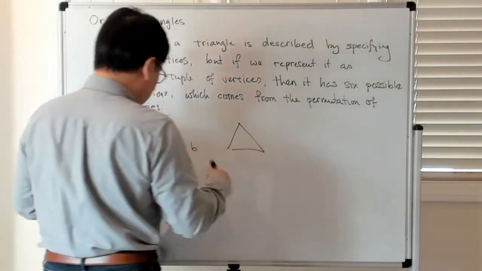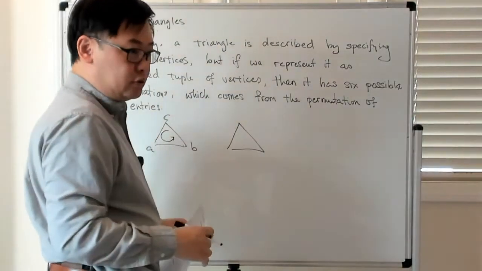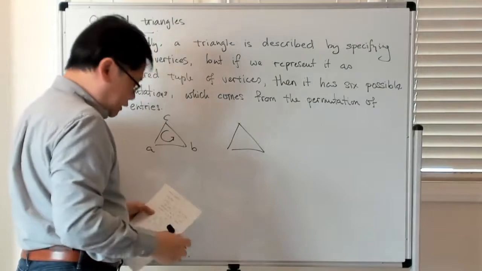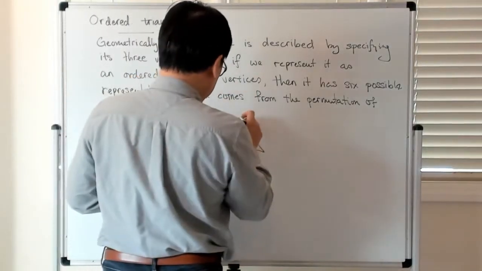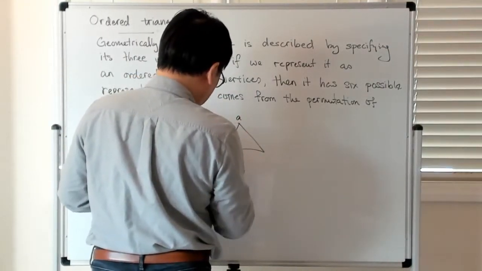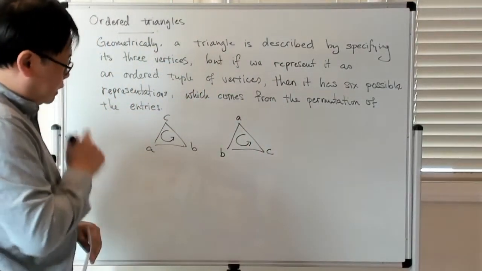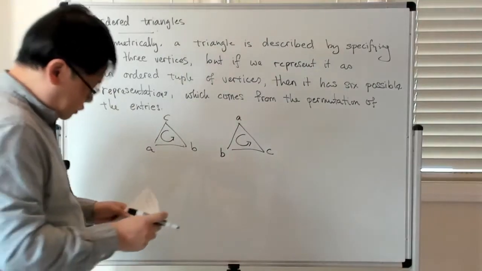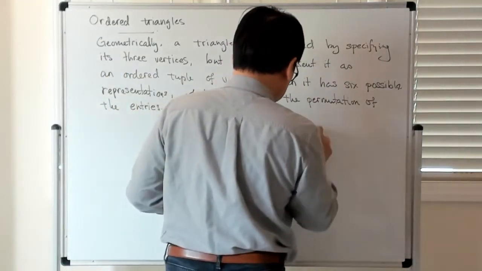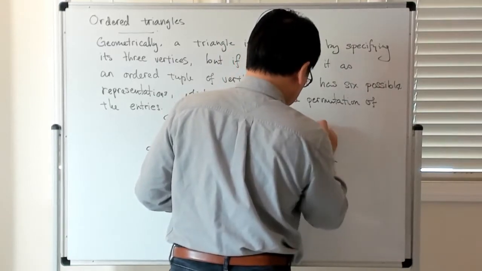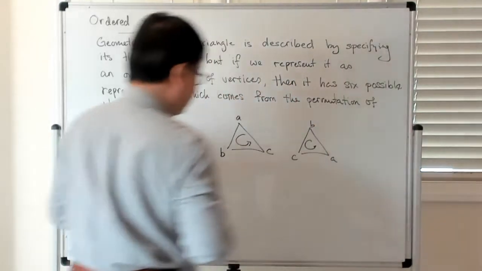And there are three ways to do that, essentially by just rotating the entries. So you could, for example, get A, B, C this way, and again, it still represents this counterclockwise orientation of that triangle. Okay, C, A, B, again counterclockwise.